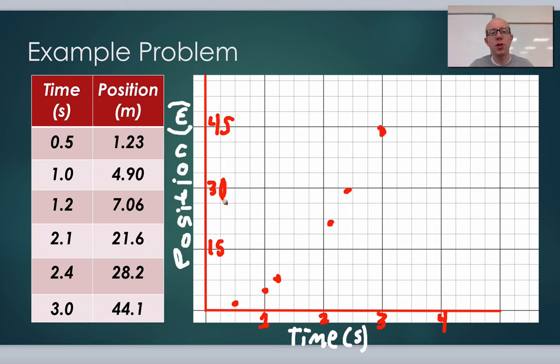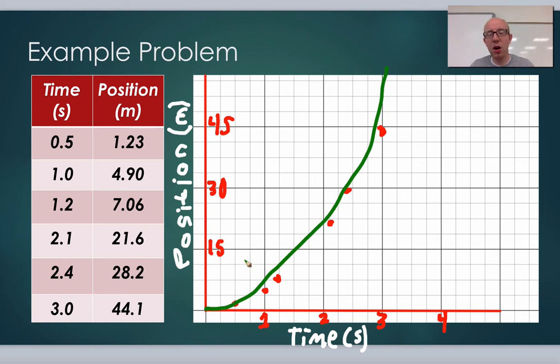Okay. So now hopefully you can see that we got this nice curve right here. So let's draw our best fit line, or in this case, best fit curve, which looks about like this. Again, not the greatest, but you can see that general trend going up there.